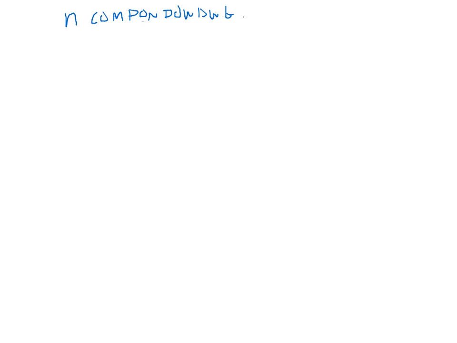We're really looking at a particular type of function, in that we're looking at the function f of x is equal to a times 1 plus r over n, all this raised to the n times t.